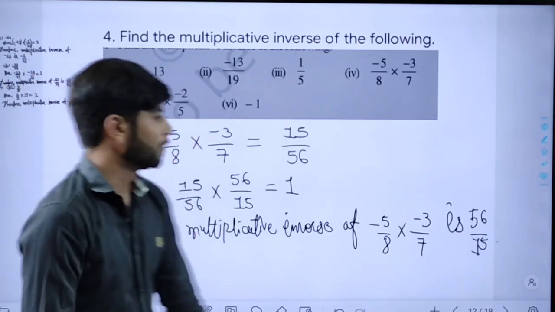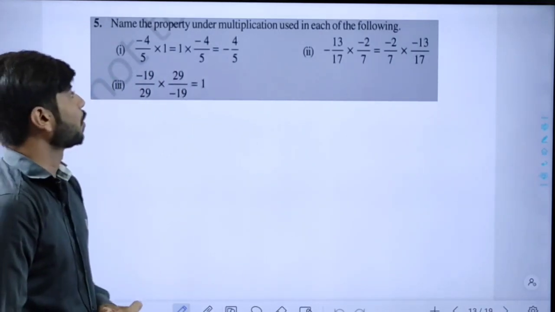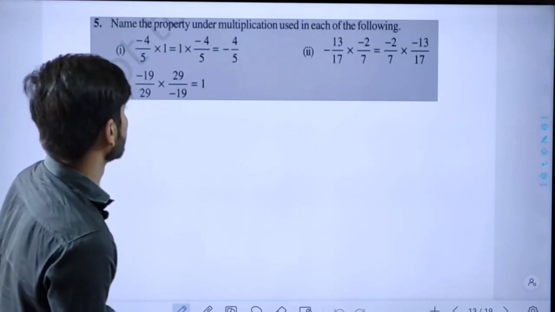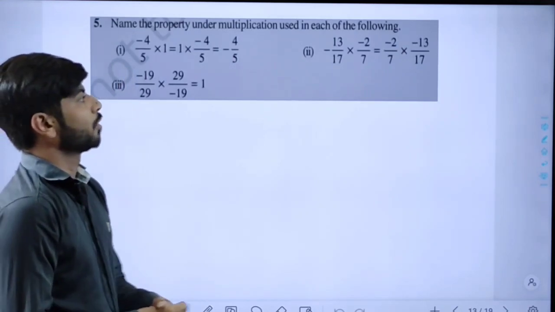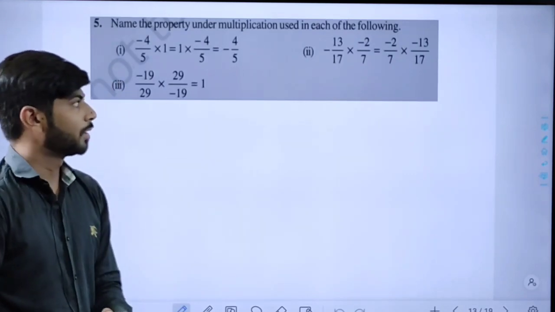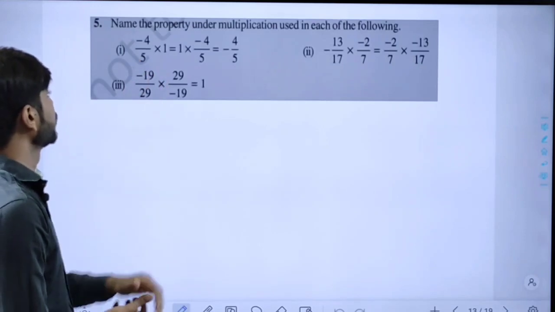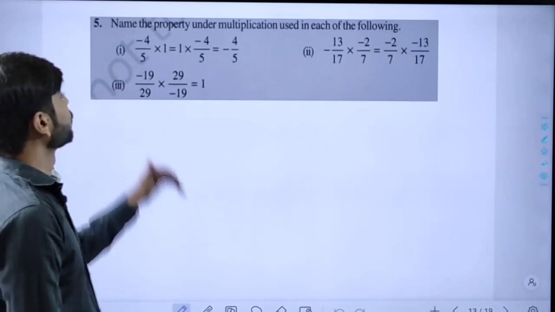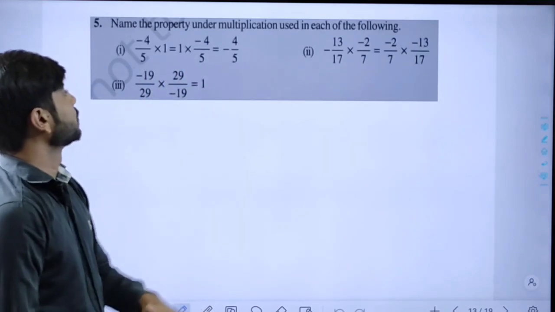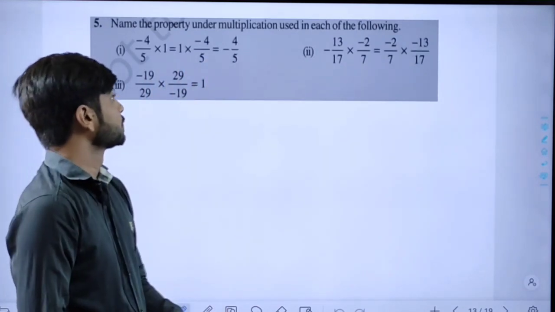Next sum, fifth. Name the property under multiplication used in each of the following. So we have to just give the name of the properties. I think you can do this in your homework, but I will give you the hint. First property you can see, minus 4 upon 5 multiplied with 1 is equal to 1 multiplied with minus 4 upon 5, and we will get the answer.